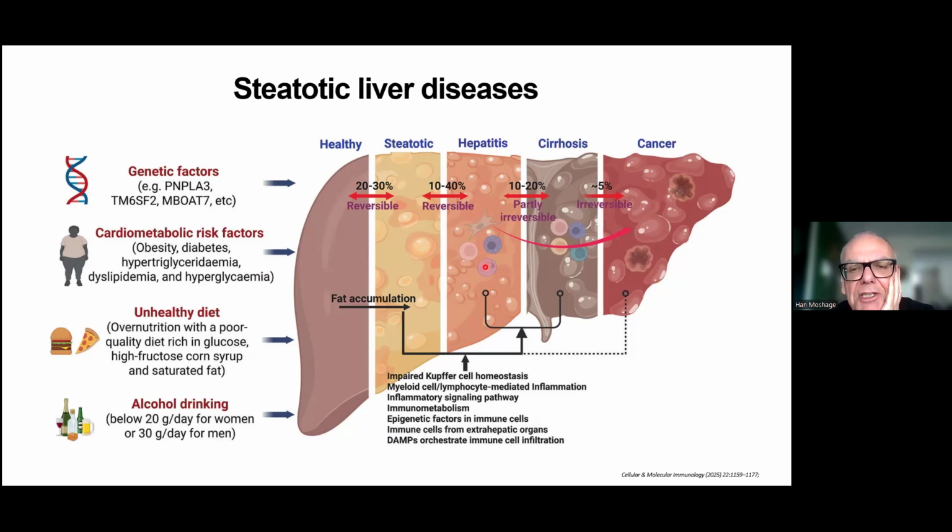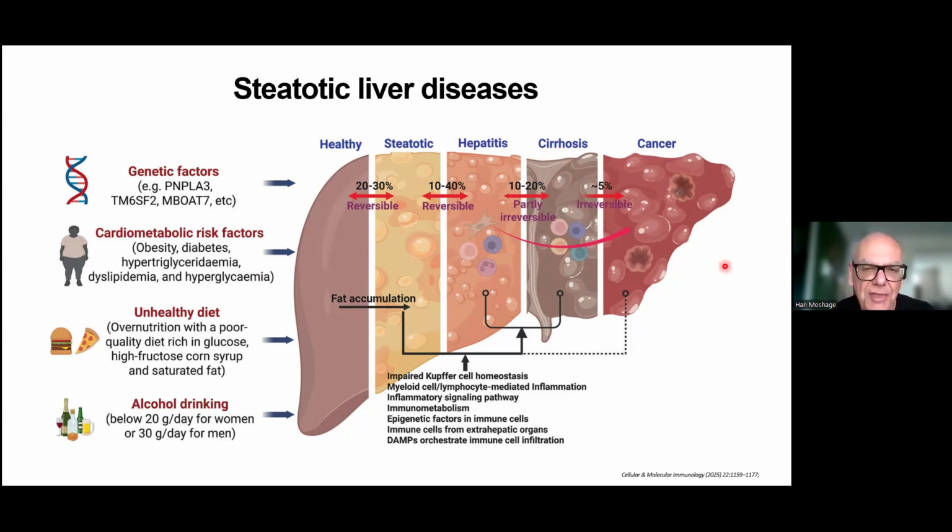So the hepatitis stage, the inflammation stage of fatty liver, and chronic inflammation can develop into fibrosis and cirrhosis, which is partly irreversible, especially cirrhosis is not reversible, and this can lead eventually to cancer.